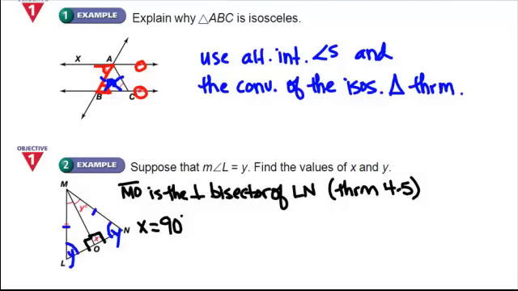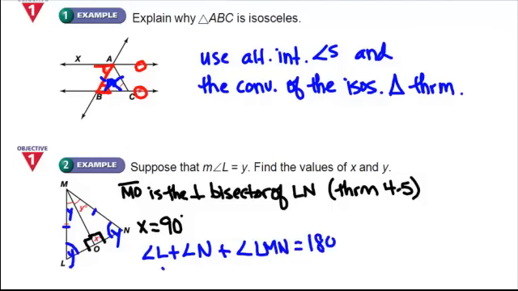Okay, let's go back to this y. I know this is y, and so this also has to be y. And the question is, how do I know what these angles are? Well, I'm going to use the fact that the triangle sum theorem tells me all the angles have to equal 180. I frankly don't care which triangle you use, but I choose triangle LMN. So angle L plus angle N plus angle LMN has to equal 180.